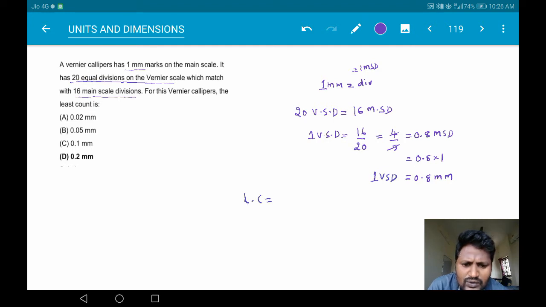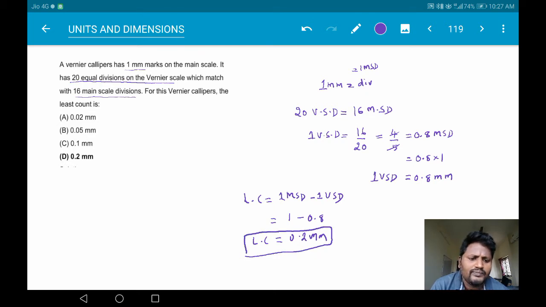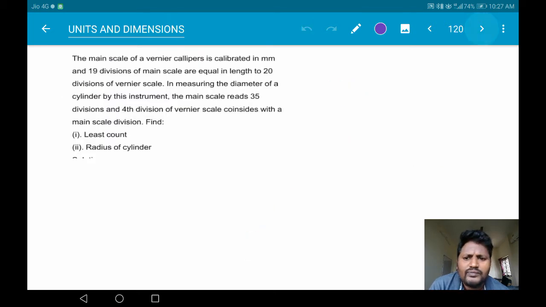Least count is equal to the difference between main scale division minus 1 vernier scale division. So what is main scale division? 1 millimeter minus 0.8. So 0.2 millimeter is the least count of that vernier calipers. Right, let us see the next one.